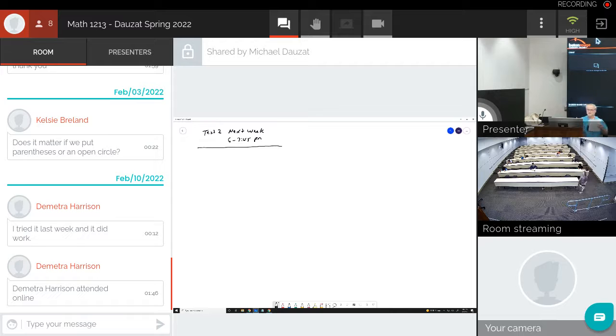Number 1. This is section 9.1, solving a system by elimination.